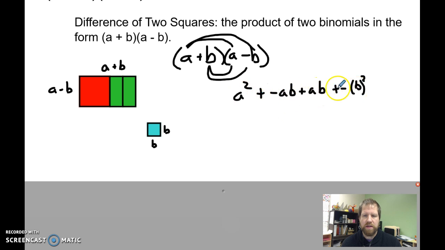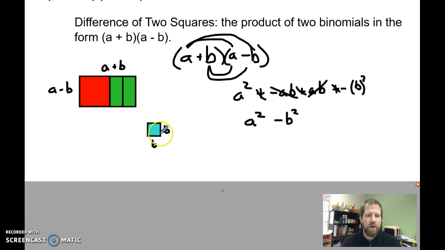So if I simplify this, I have a negative ab and a positive ab. Those are going to cancel each other out, and I'm going to be left with a squared minus b squared, and that is going to be my formula for this.